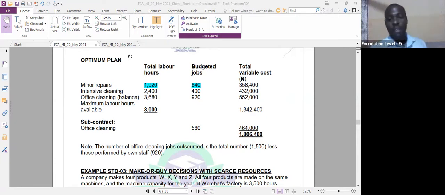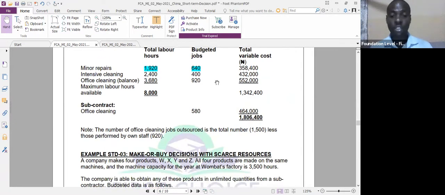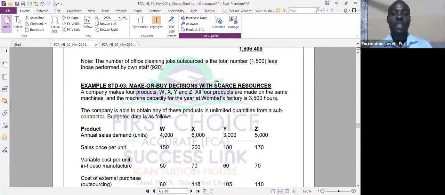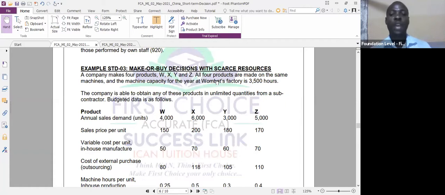Okay, let us take a second question to see how this make or buy with scarce resources really works again. Now, a company makes 4 products, W, X, Y, and Z. All of them are made from the same machine, and the machine has a factory hours per year of 3,500 hours.